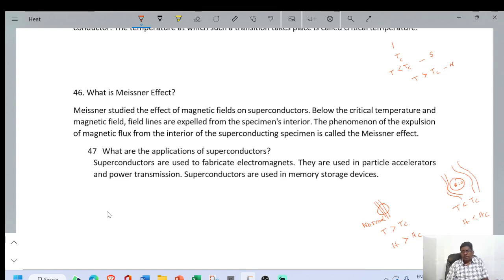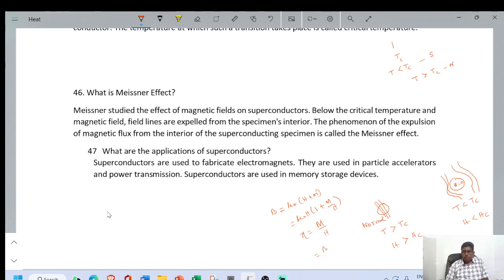Therefore, we know that B equals mu naught into (H plus M), which is mu naught into H into (1 plus M by H). M by H is our magnetic susceptibility. Intensity of magnetization to the field applied is called magnetic susceptibility.